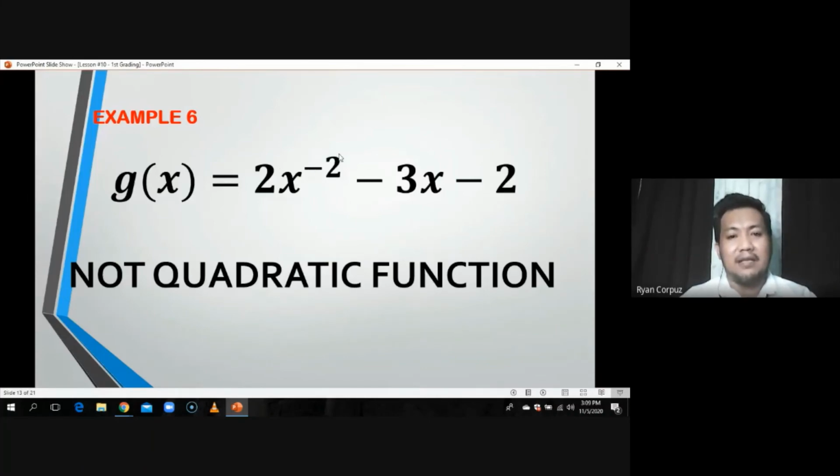It has negative exponent. Sabi nga doon sa things that we have to bear in mind, there are no negative exponents for us to consider if it is a quadratic function or not. So kapag may negative exponent tayong nakita, that is not considered already as a quadratic function.